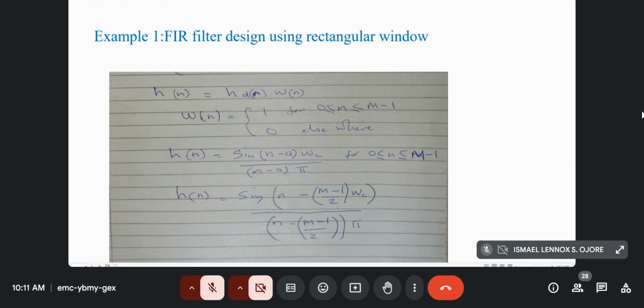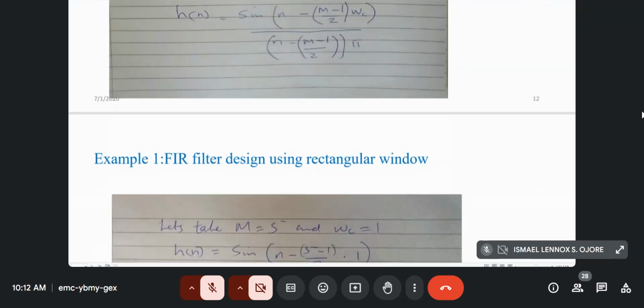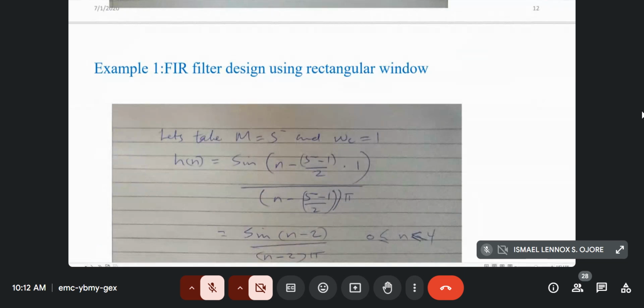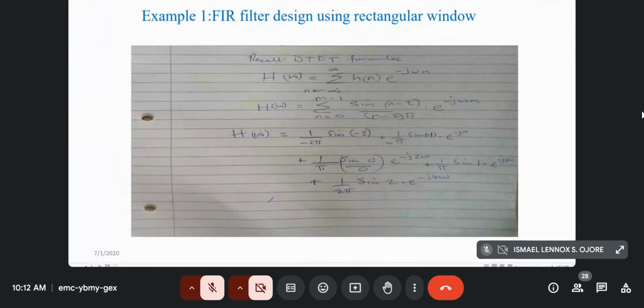So h of n, of course, we can put back our a, which was (n minus 1) over 2. In this case, let's look at where m is equal to 5, where you have only 6 coefficients because the order is 5. Oh, when m is equal to 5, you have 5 coefficients. The coefficient count should be more.